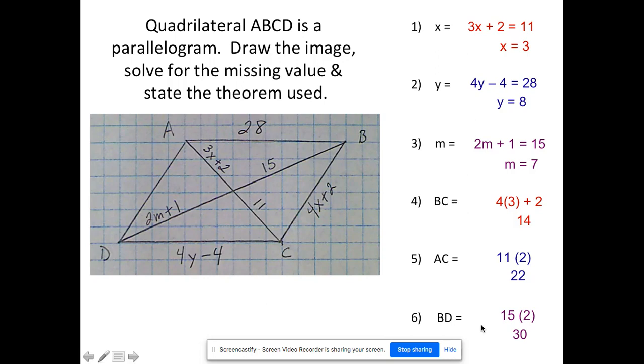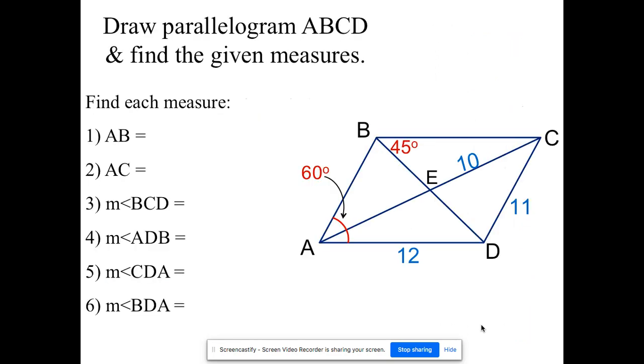So that's one way that you could use a picture that has a lot of different parts and pieces going on. And we're going to get into the next one right now with a little bit more challenging stuff. So we have this parallelogram, and we're going to go A, B, C, D, and we've got a 12 here. So we know that AD is 12.